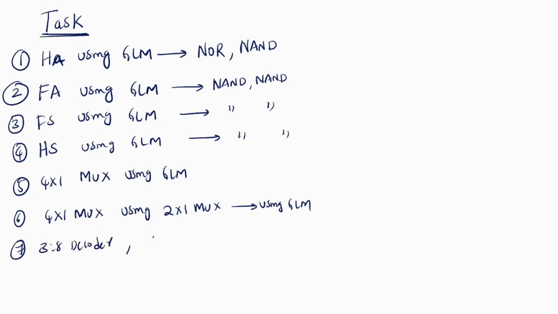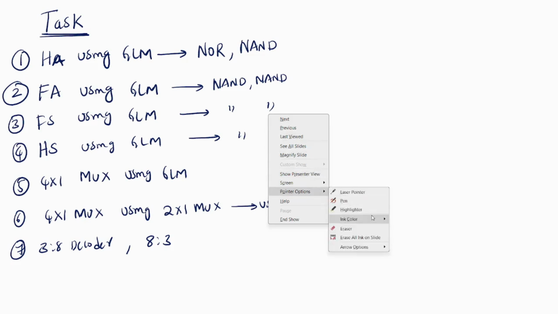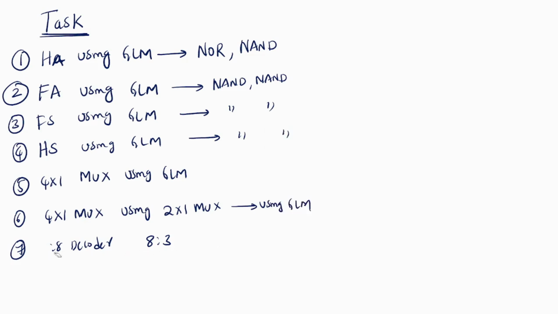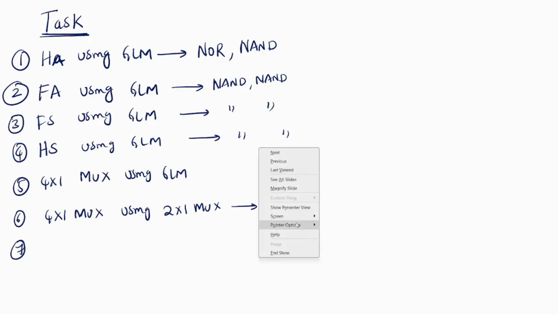Next, 3 is to 8 decoder. It will be somewhat complex, so use the 2 is to 4 decoder, 3 is to 8 decoder using 2 is to 4 decoder.